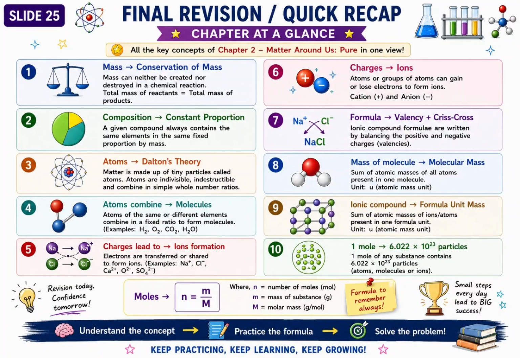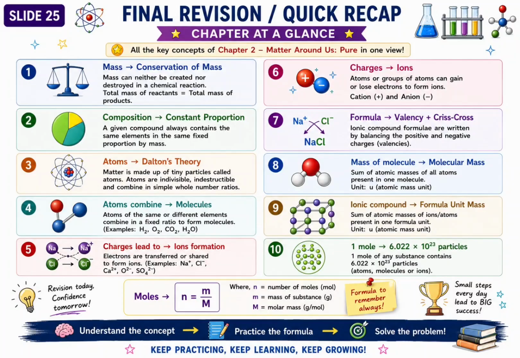Okay everyone, let's finish with a super fast revision. Mass, conservation of mass. Mass remains conserved during a chemical reaction. Composition, constant proportion. A pure compound has a fixed proportion of elements. Atoms, Dalton's theory. Matter is made from tiny particles called atoms. Molecules, atoms join together to make molecules.